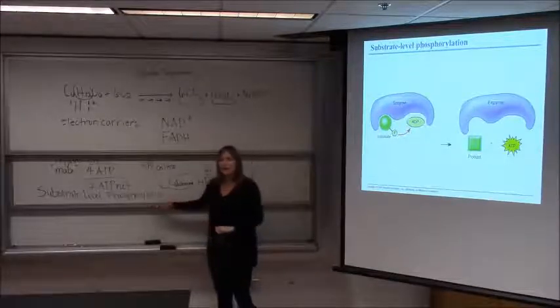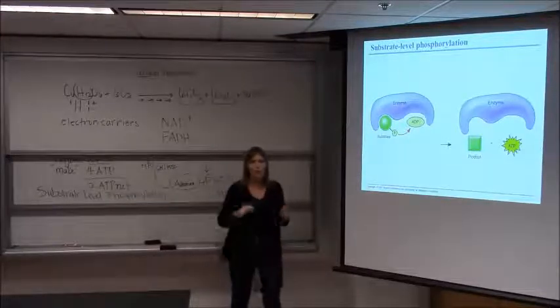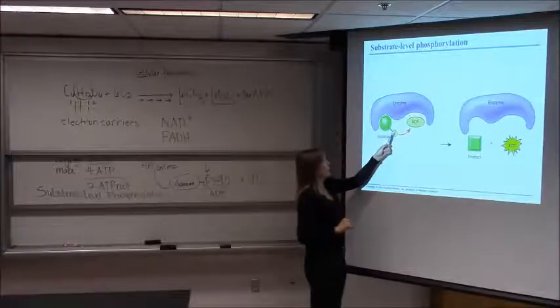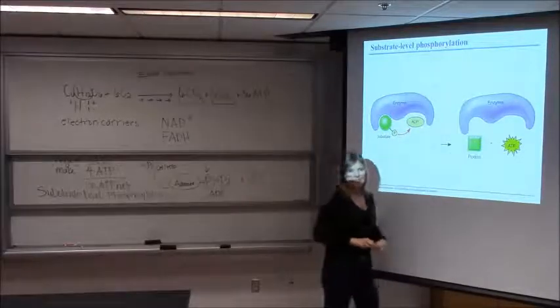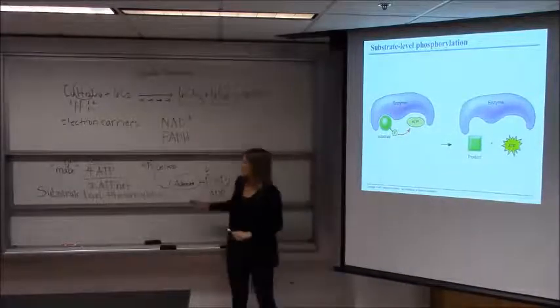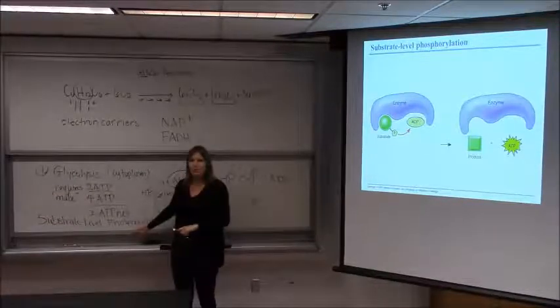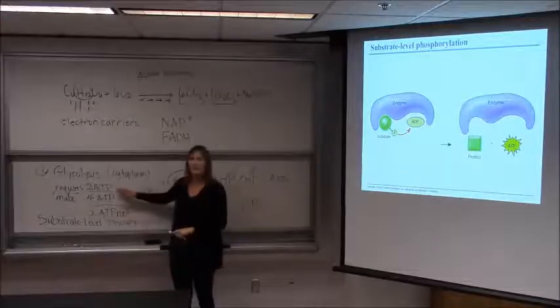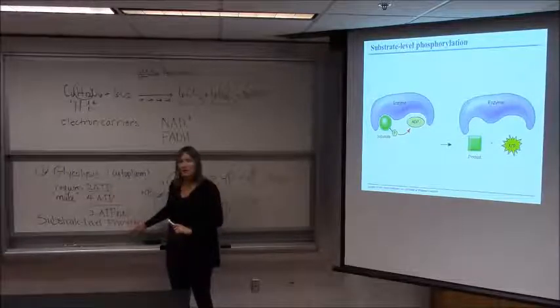Recall that phosphorylation is a general term which means transfer of a phosphate group from one molecule to another. In this case, transfer of a phosphate group from this substrate to ADP to regenerate ATP again. So in glycolysis, we make 4 ATP via substrate level phosphorylation. It ends up being a net of 2 because we use 2 to get this process started. So that's one of the very important events of glycolysis, is we make 2 ATP from that glucose.